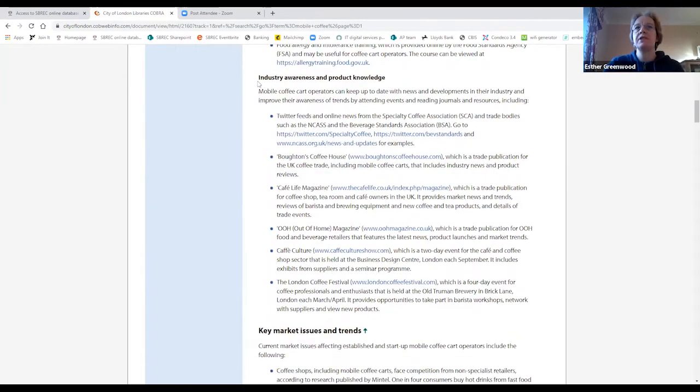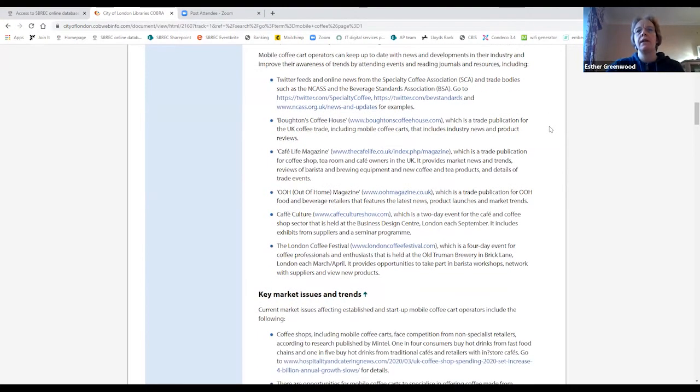Obviously, you need to keep yourself up to date, and there's a section here called Industry Awareness and Product Knowledge, and that's keeping yourself up to date with the trends that are going on. But many of these magazines will also, when there is a change in regulations around food hygiene, for example, or around other aspects of a business, pick that up, or there might be websites as well.